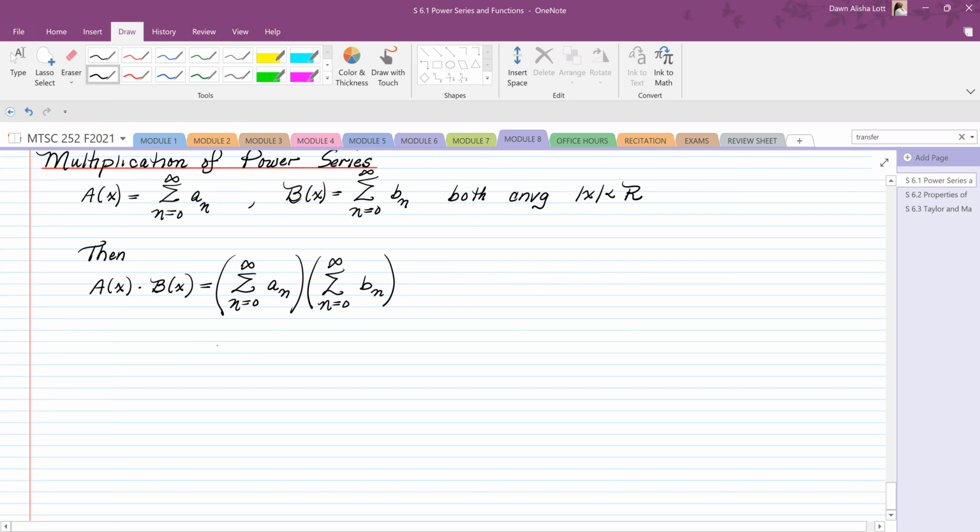This is (a naught plus a1 plus a2) times (b naught plus b1 plus b2).